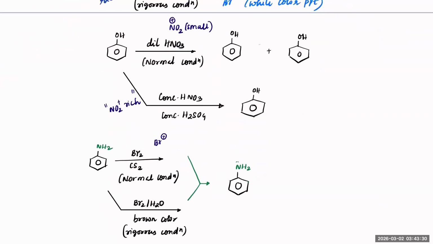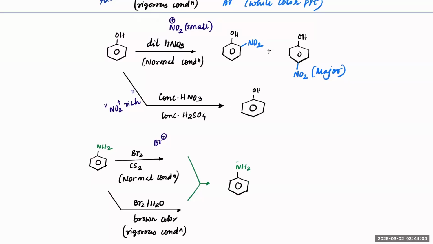Next. In case you have nitration with dilute HNO3, same thing. NO2 presence will be in a very small amount because the amount of NO2 plus is less. We can get some amount of NO2 at ortho and some amount at para, and para is usually major. But if you take concentrated H2SO4 and then concentrated HNO3, we learned that this is a nitrating agent.